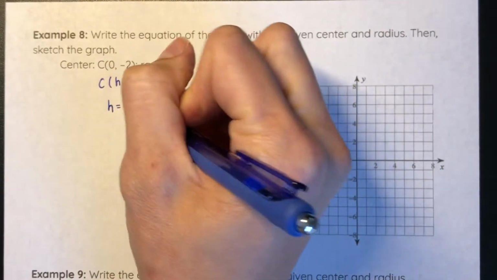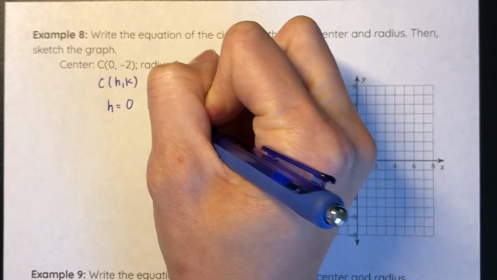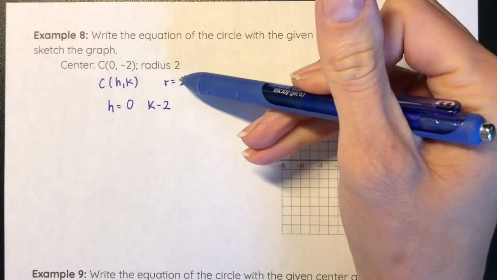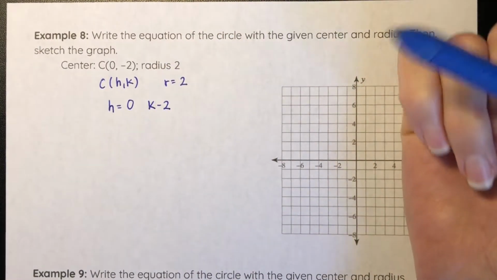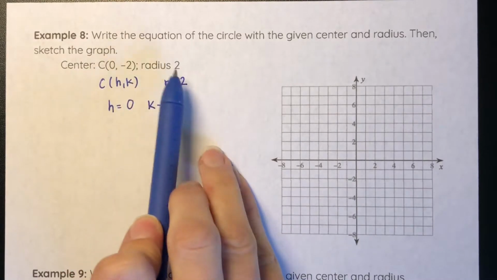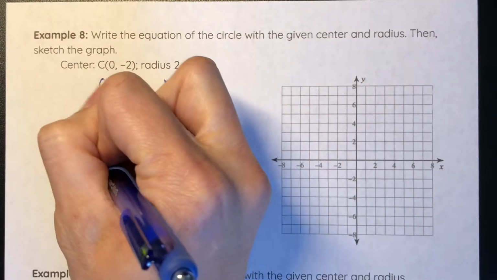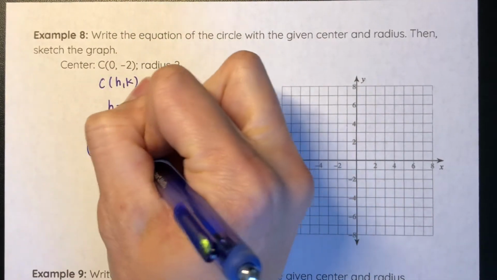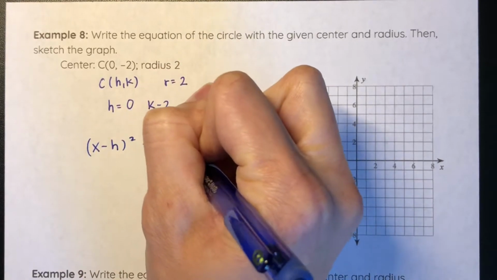So h is 0, and k is negative 2, and r, or my radius, was already given to me. So now all I have to do to write an equation for the circle that has this as a center at the radius of 2 is plug this information into the standard form of my equation.